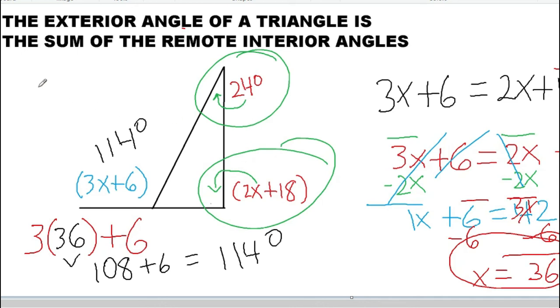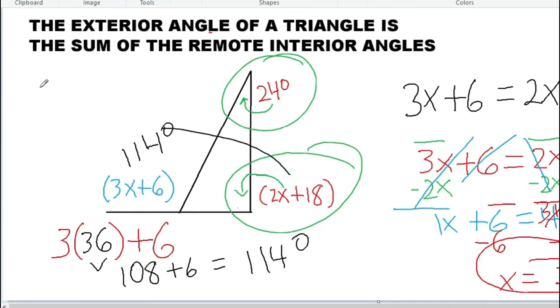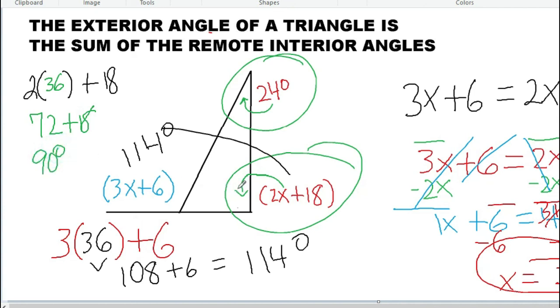So we'll move it over here. 2, and then we have plus 18. We'll put our 36 in there. 2 times 36 should give us 72. And 72 plus 18 gives us 90 degrees. And so we know this is 90 degrees.